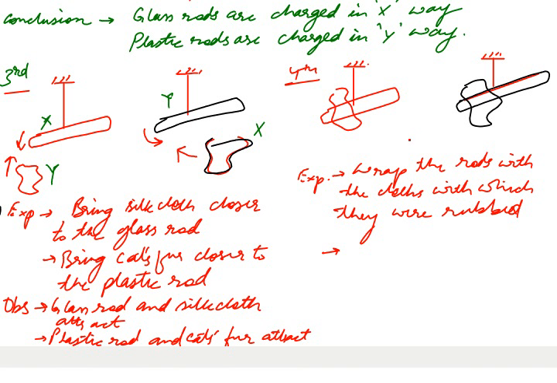I will wrap one silk cloth with one glass rod, another silk cloth with another glass rod, one plastic rod with the cat's fur, and the other plastic rod with other cat's fur, leave them for a moment and then separate them.